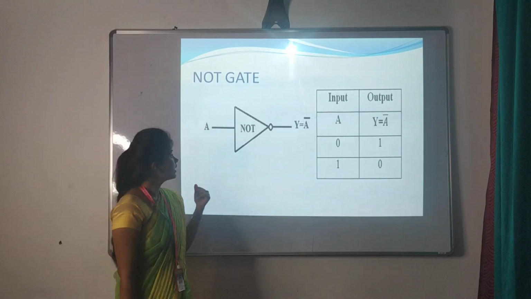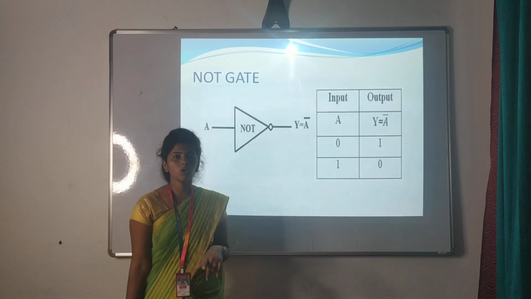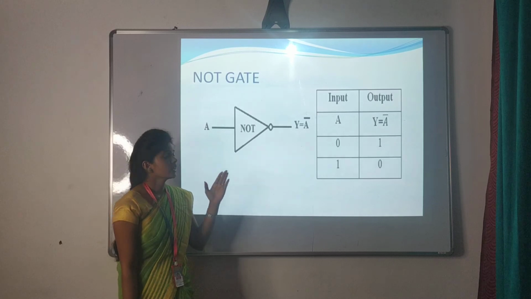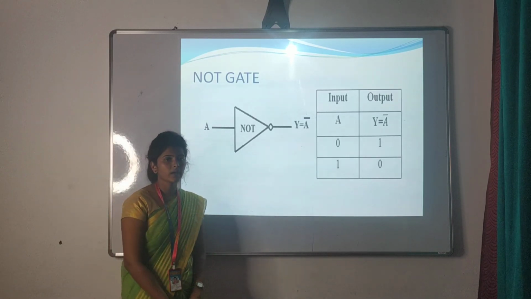Here A is the only input and Y is the only output of the NOT gate.